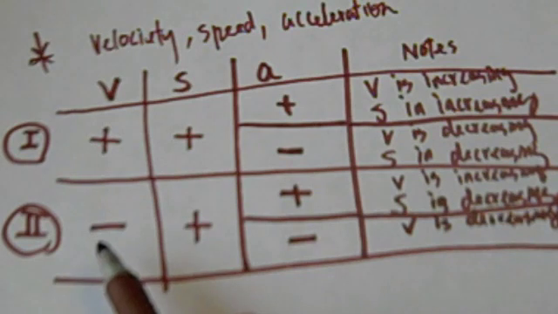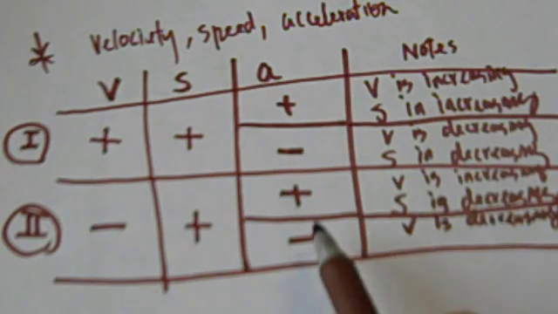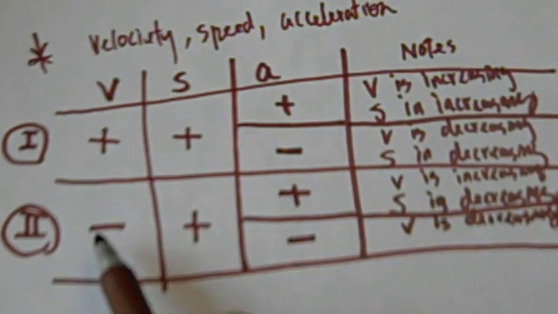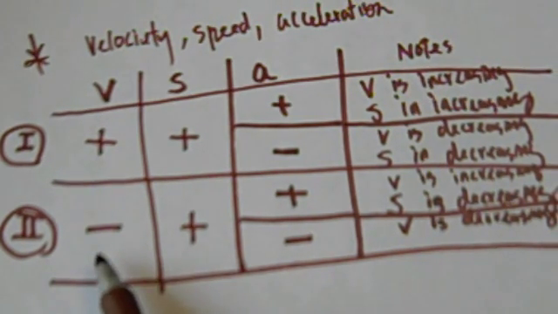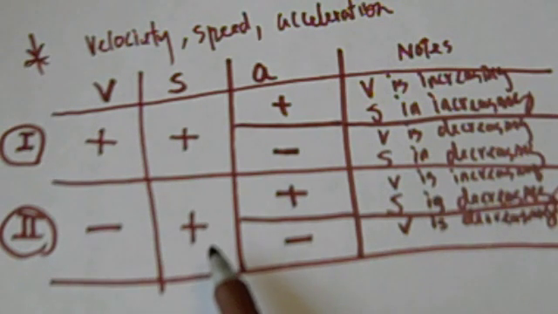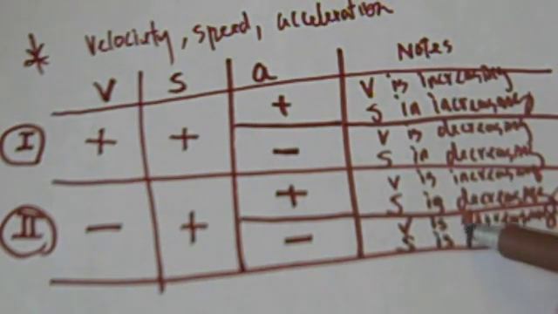But notice, if it's -3 to -4 to -5, decreasing velocity because of the negative acceleration, the speed, which is the positive value of the velocity, is going to go from +3, +4, +5, +6. So speed is actually increasing.